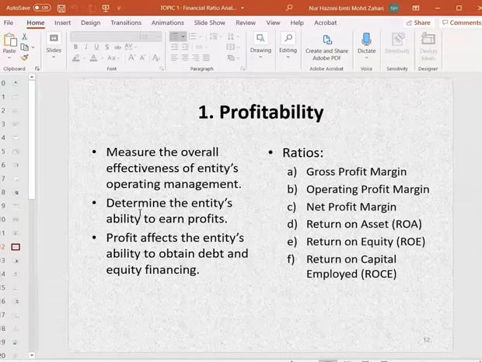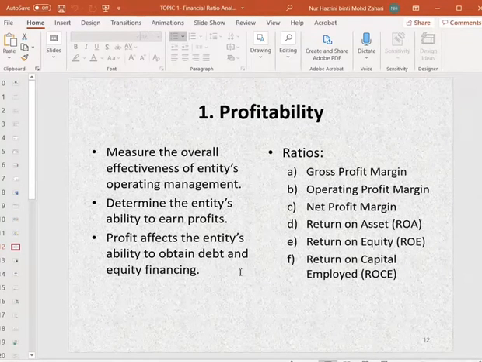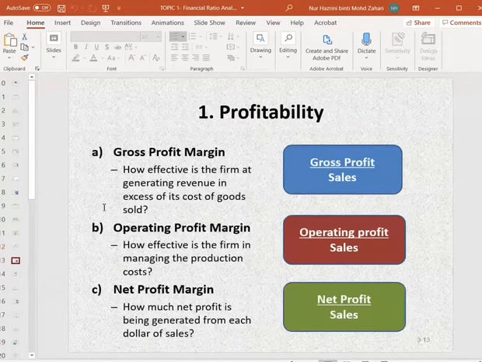Also, we want to look at the entity's ability to earn profits in terms of gross profit, operating profit, and net profit margin. And then we want to see whether the profit affects the entity's ability to obtain debt and equity financing or not. So we will go one by one.